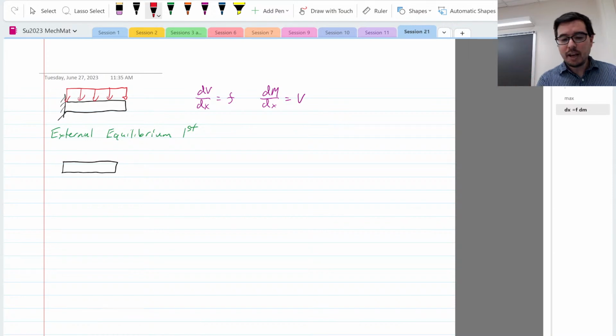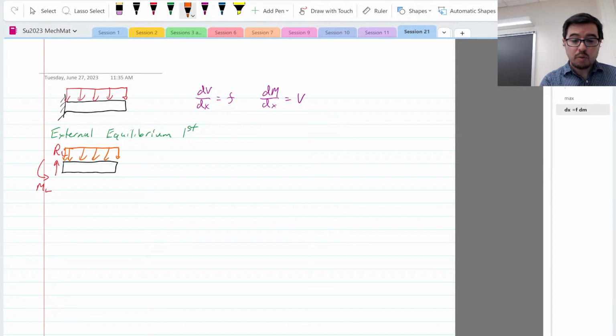I just try to pick what makes the most sense. So I'm going to pick this as my RL, and I'm going to pick this as my ML. And I've got this distributed force.